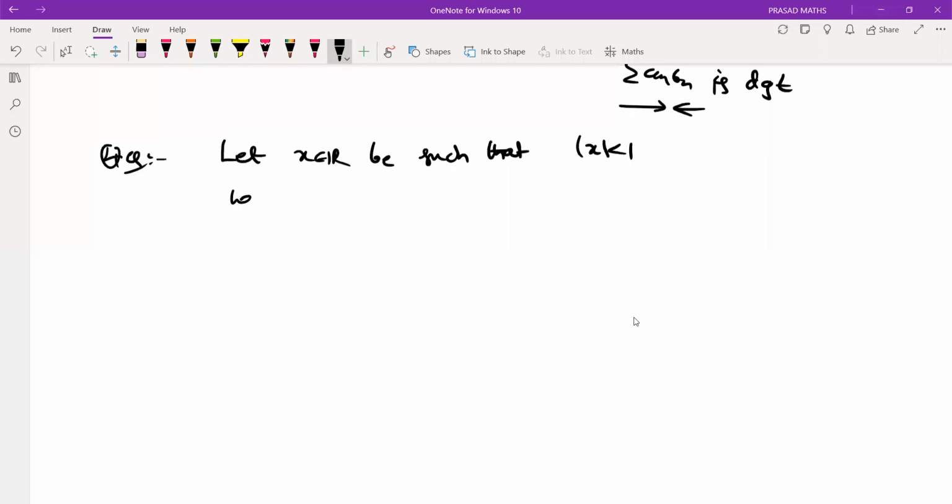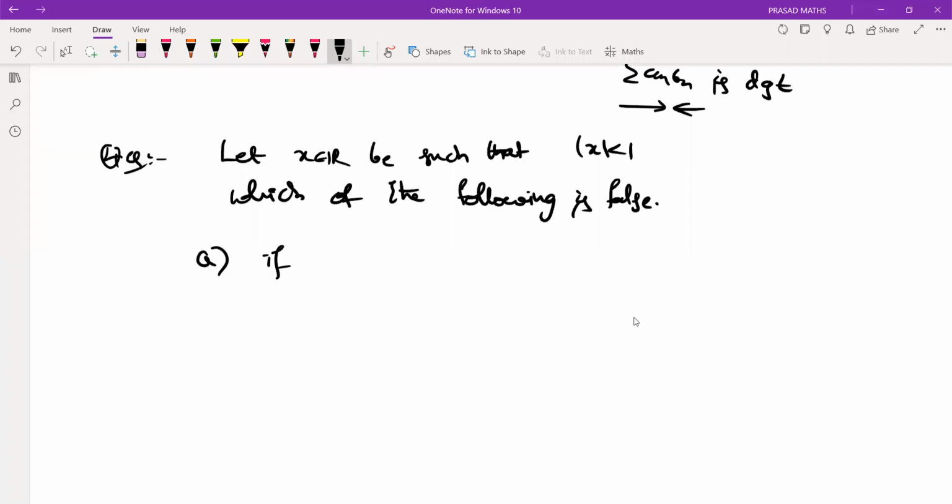Which of the following is false? First one, if x is a rational number, that implies your series summation x^m is a rational number.